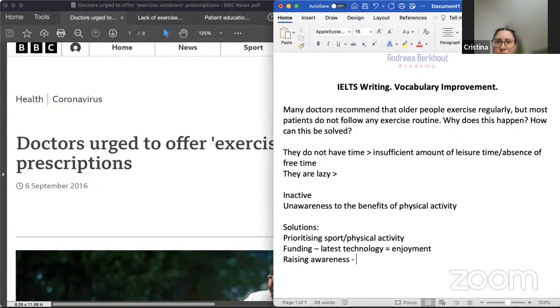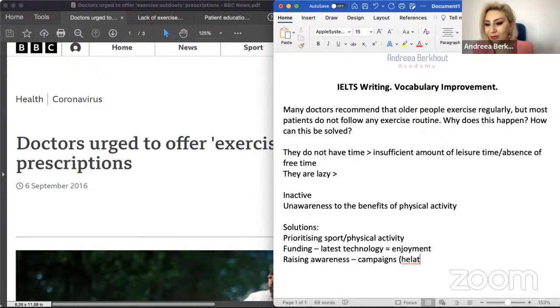So, campaigns by health centers, that is general practices, or any other community or health center. Campaigns, yes, for the benefits of physical activity. Great. Does it sound logical?